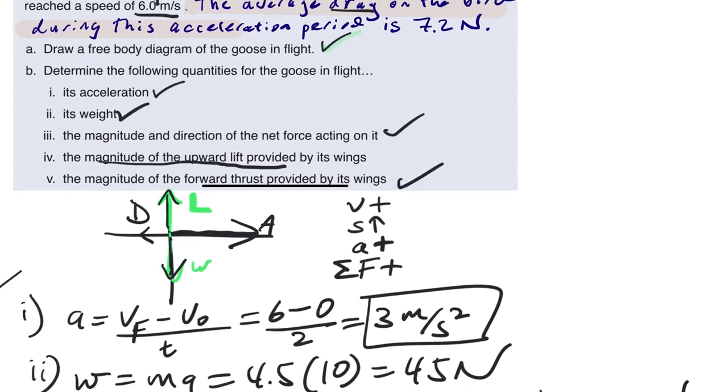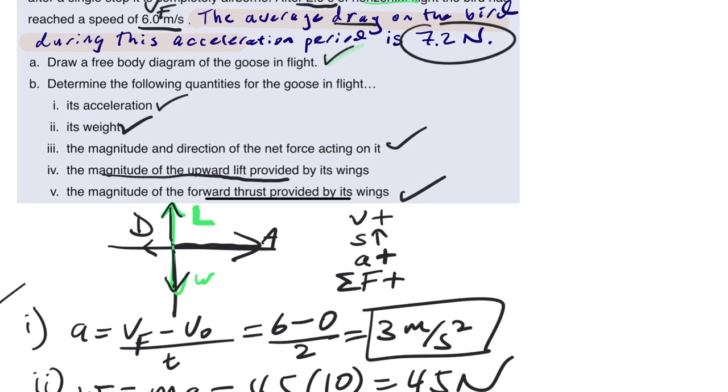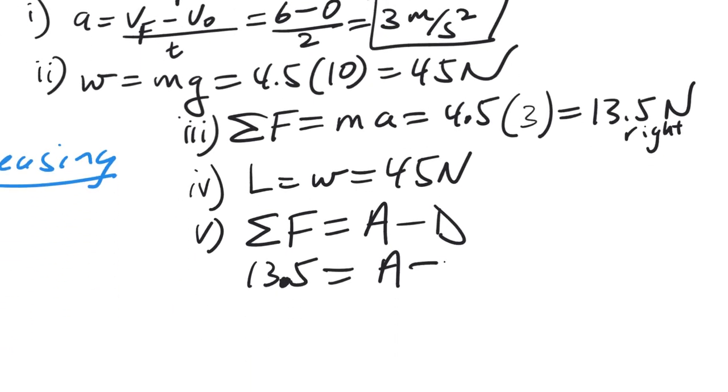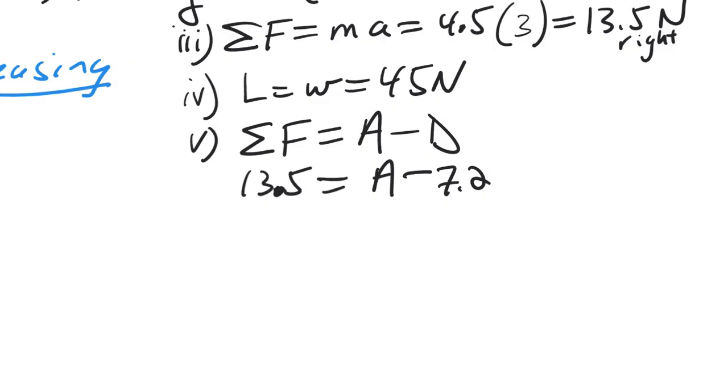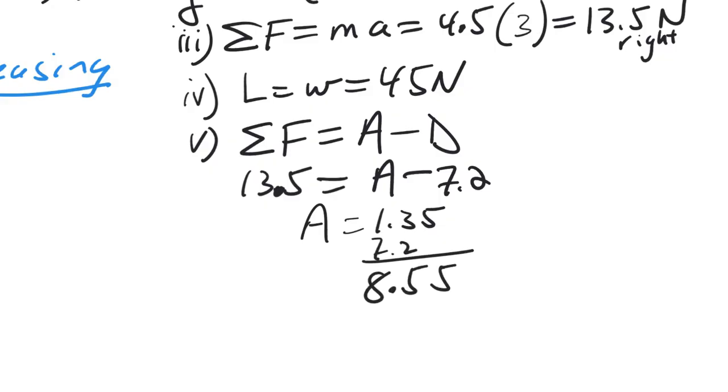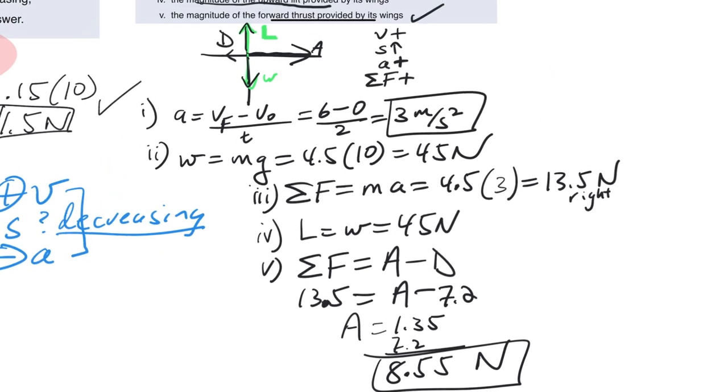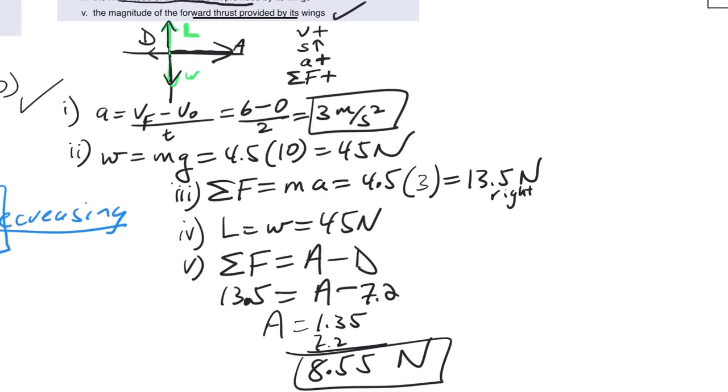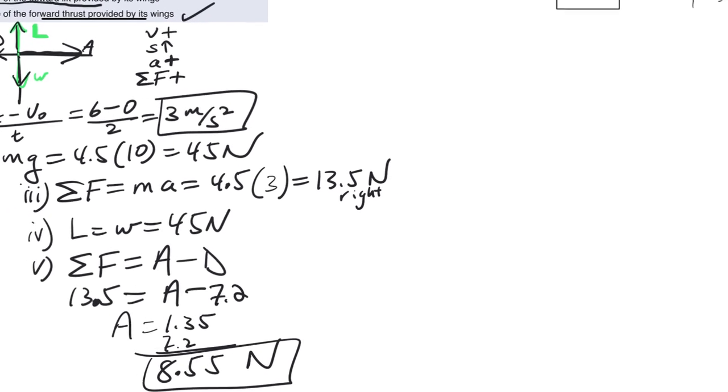I gave you the drag up here as 7.2 newtons. So therefore, A is 13.5 plus 7.2. So I'm getting 8.6 newtons as applied force, the forward thrust, they called it.